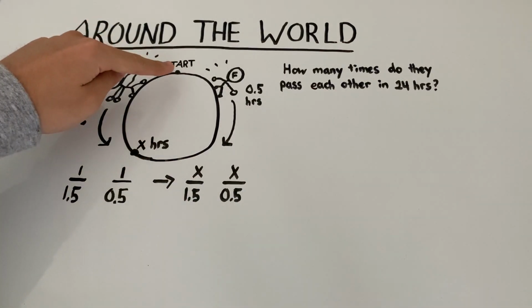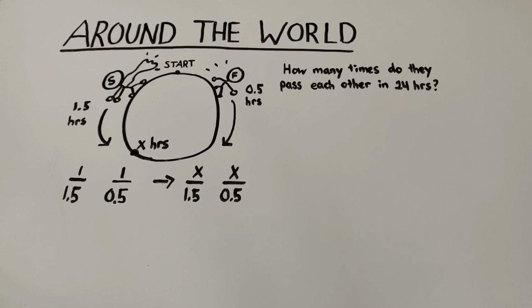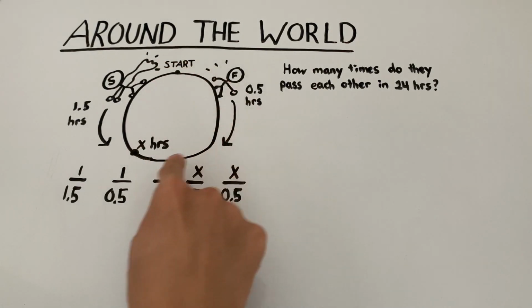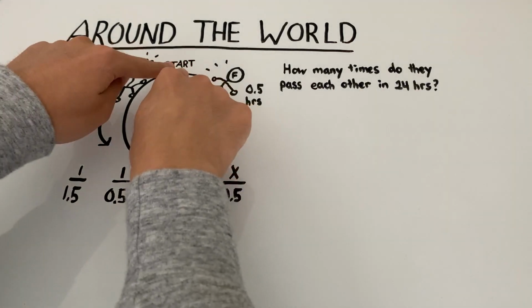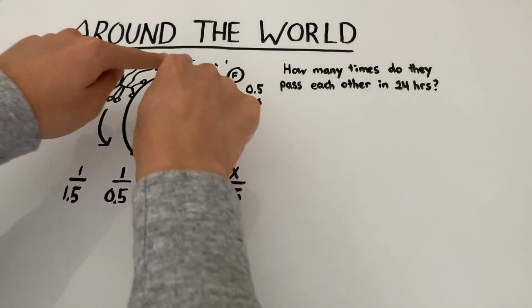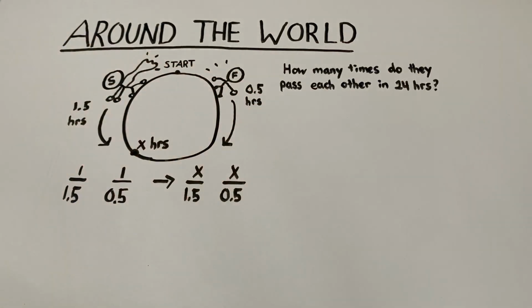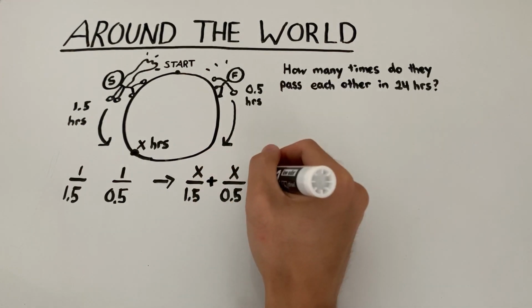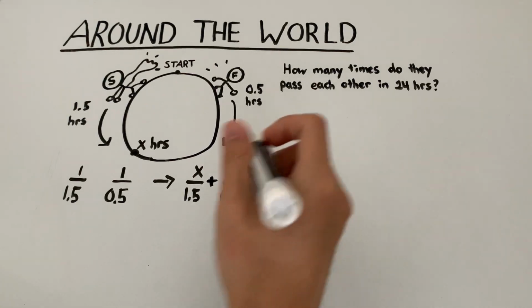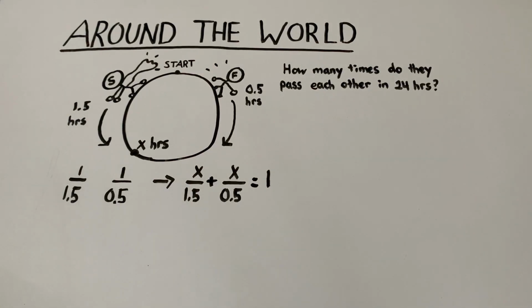Now these two paths, Superman's path to his meeting point and Flash's path to his meeting point, together, these paths actually make a single path all around the world. So then we see that our two paths make one entire trip around the world.